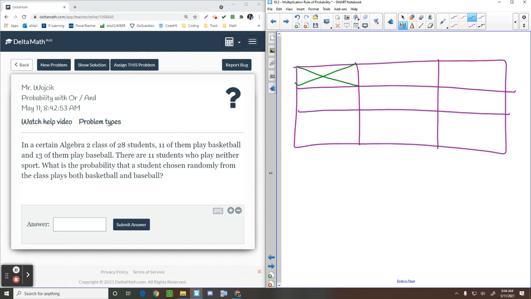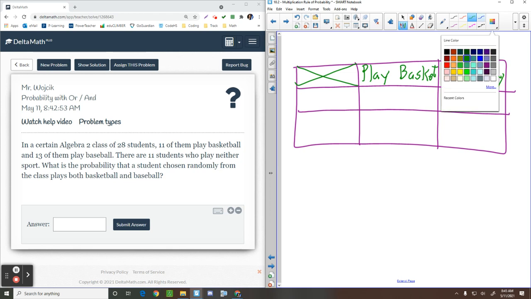And you've got students who play basketball, and then next to it will be the students who don't play basketball.